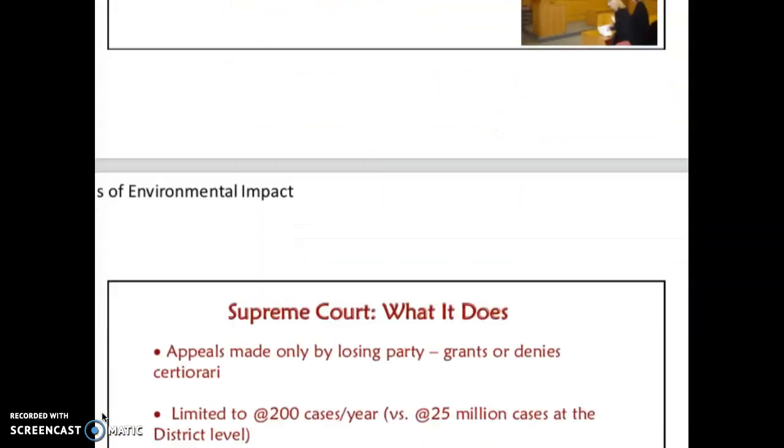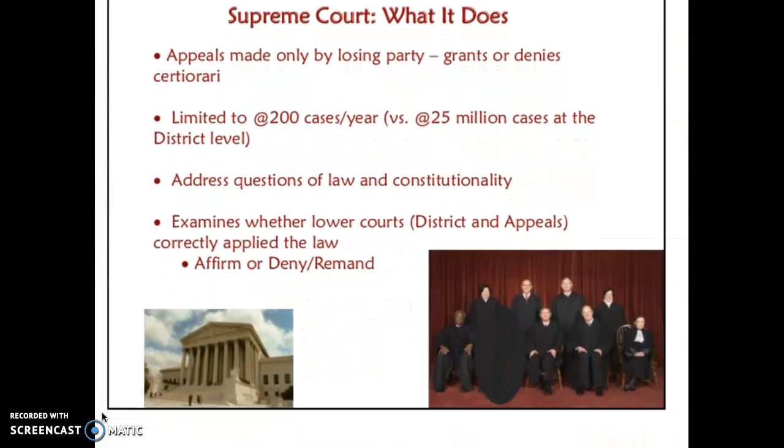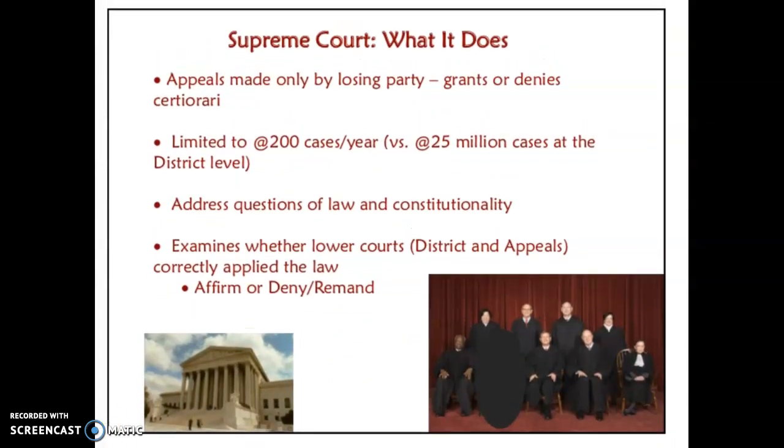So at the highest level of our courts is the Supreme Court. And so at this highest level, again, appeals are made by the losing party.